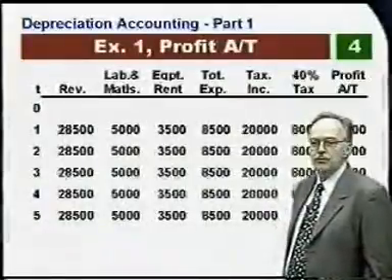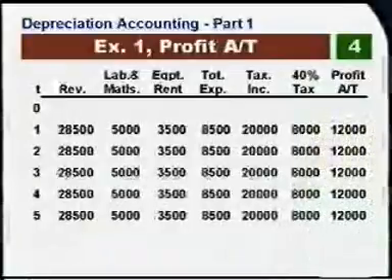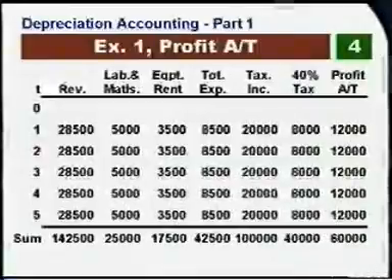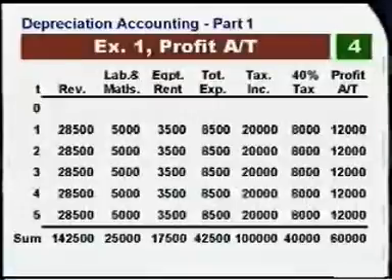Applying our 40% marginal tax rate, we then get a tax of $8,000 per year, resulting in a profit after tax of $12,000, and that's for each one of the 5 years. And for convenience, we can sum the columns and get the totals. So we have a sum of $60,000 profit after tax.